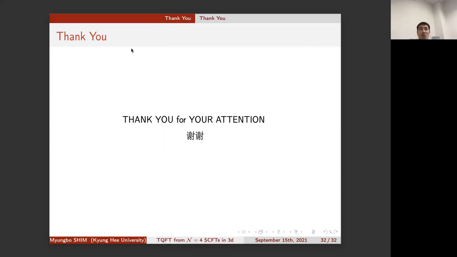So I have a question. Does this sum over Bethe vacua work for arbitrary non-abelian gauge groups?